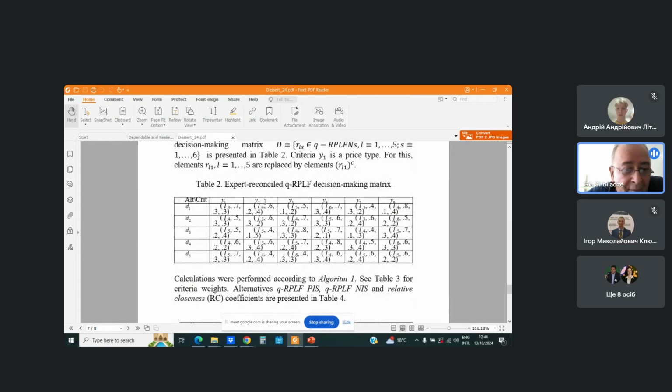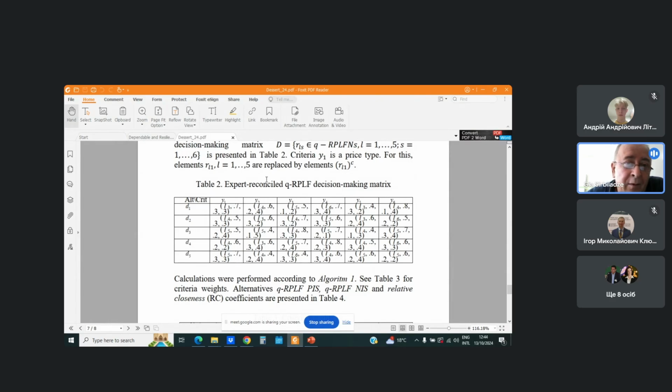And we have 5 alternatives. We must follow the specialists of this area, this military direction, and they will have to choose the proper alternatives and proper criteria.